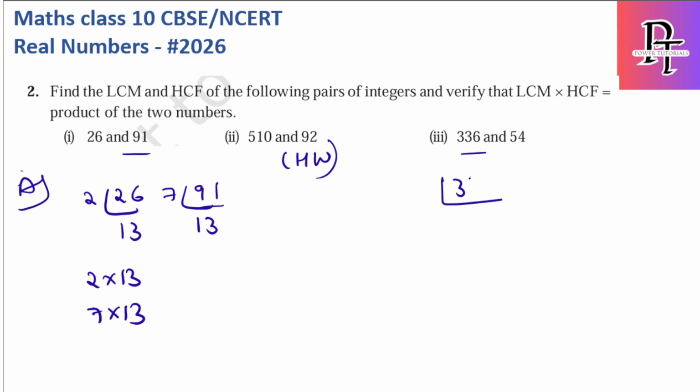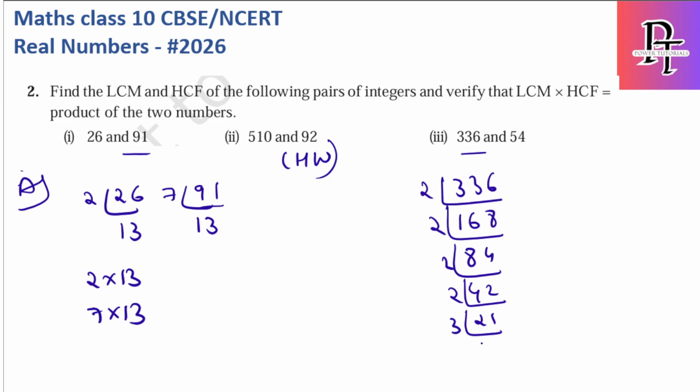Okay, let's solve it. 2 sixes are 12, 2 eights are 16, 2 fours are 8, 2 twos are 4, 2 twenty-ones, 3 sevens. So 336 is 2 power 4 into 3 into 7.